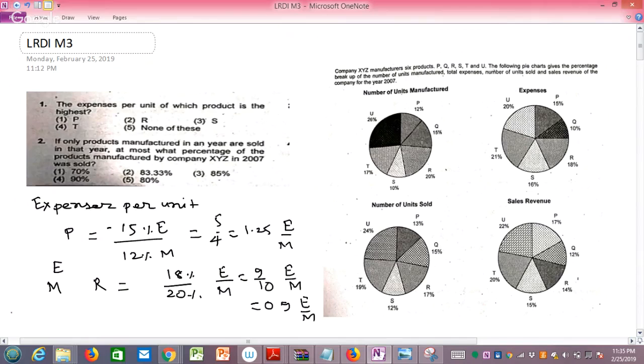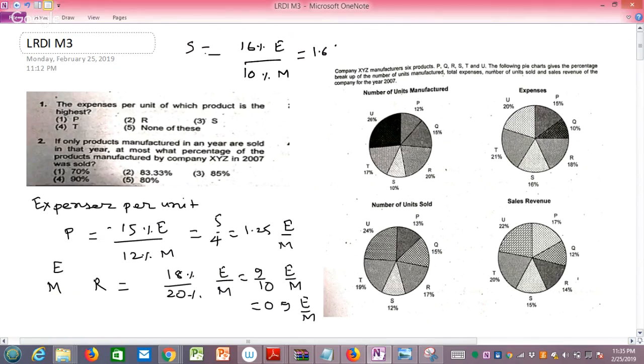Similarly, if I find out for S, how much am I getting? S is 16% of E and 10% of M, right?